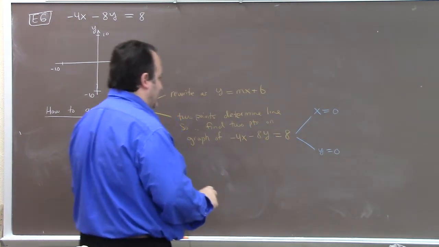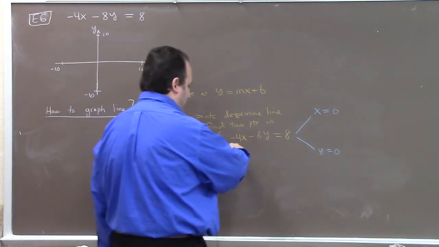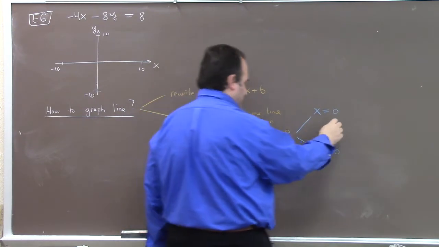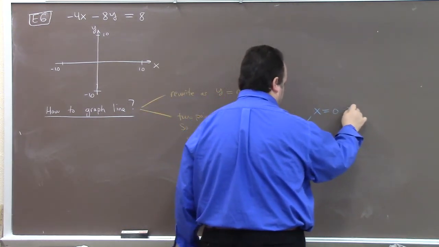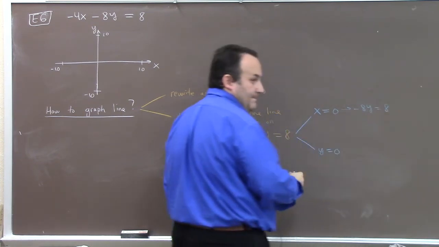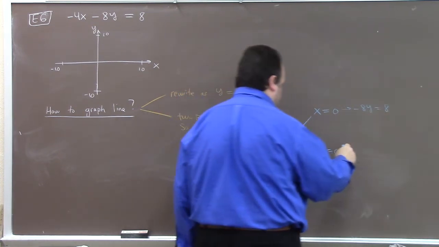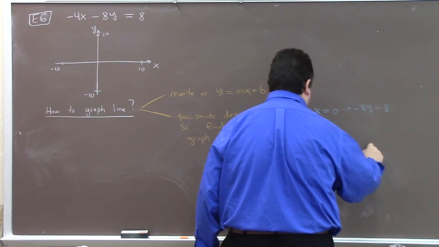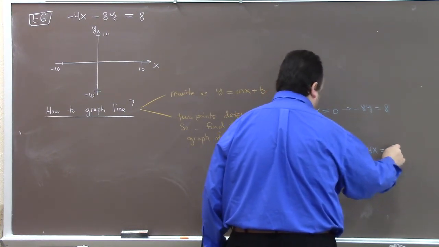If I put x equals 0 into this, what do I get? I get minus 8y equals 8, right? And if I put y equals 0, I get minus 4x equals 8.